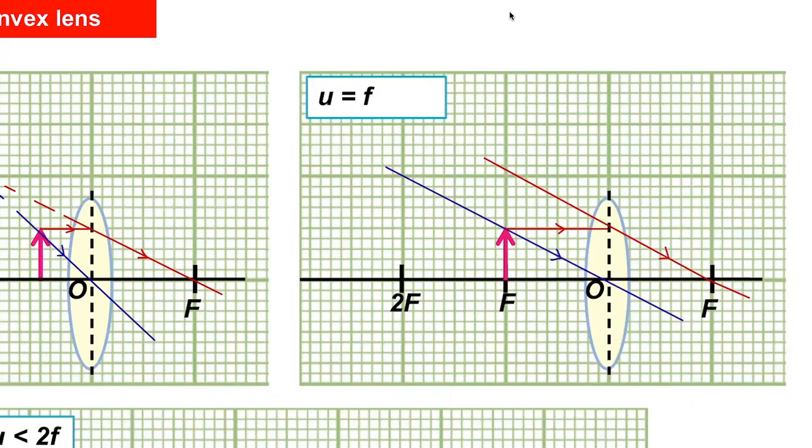So we assume the position of the image is at infinity, and it is a virtual image also. Do not forget the dotted lines to indicate that the image produced is virtual.